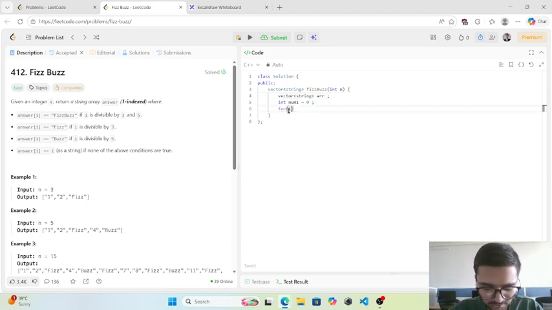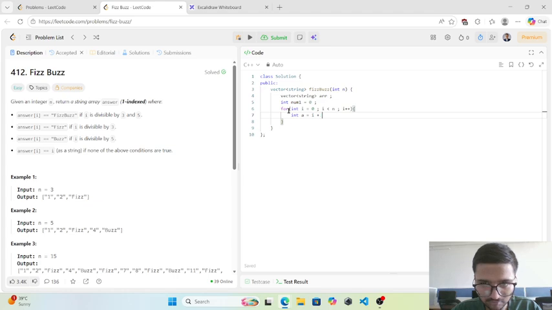For loop: integer i equals 0, i is less than n, i plus plus, integer a equals i plus 1.